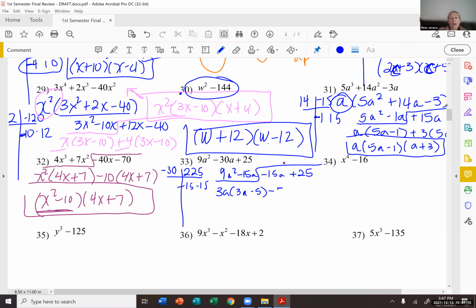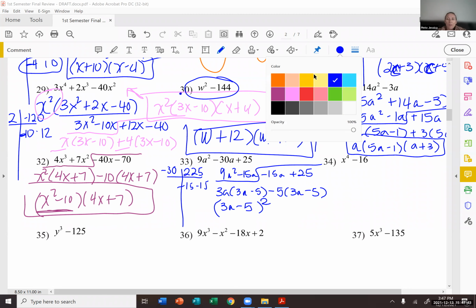It will be negative 5. And again, 3a. Switch the sign, so minus 5. And good, my binomials match. I have 3a minus 5. There are 2 of them. So I'm just going to write it as 3a minus 5 squared, like I had on that previous problem. Wonderful.